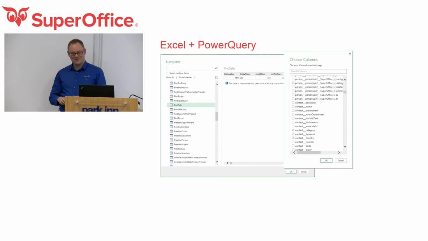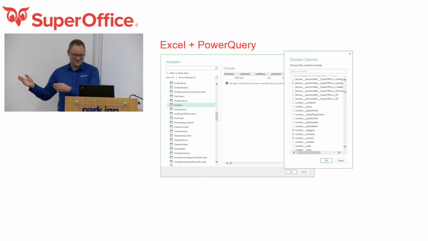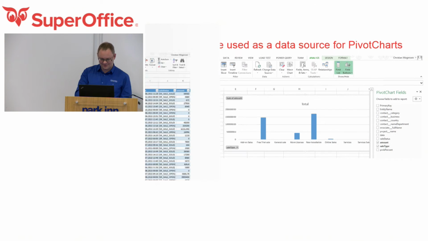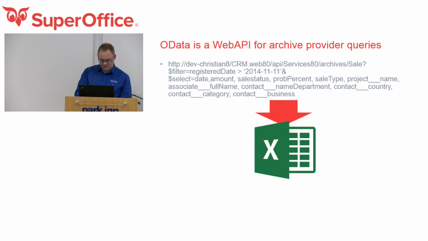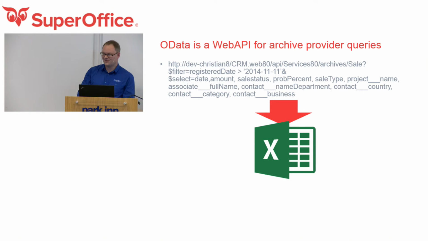So you get basically all of the different columns from the archive provider. You can say, oh, I want this one and this one and this one. You can pick it from a list instead of having to type this stuff by hand, which, if you're me, oh yes, of course, like that. But this is not for everyone.